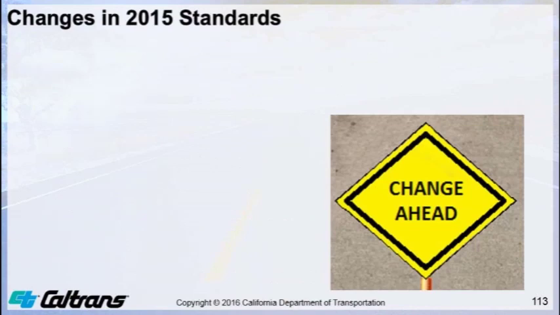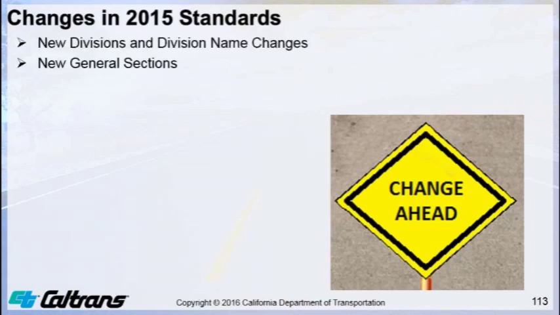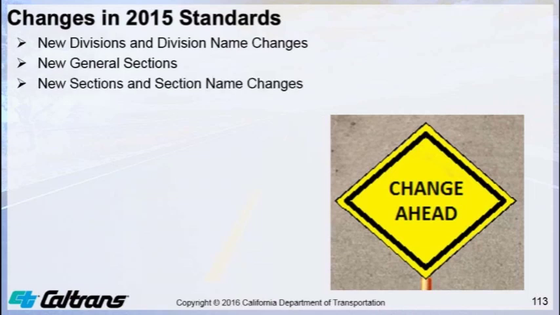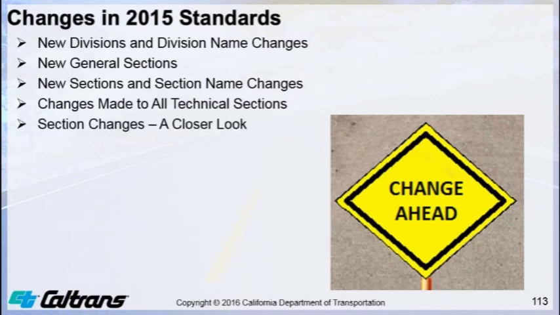We have covered today the major changes in the 2015 standards, including new divisions and division name changes, new general sections, new section and section name changes, changes that were made to all the technical sections, and then we took a closer look at the section changes, and finally we finished up by looking at the changes in the standard plans.